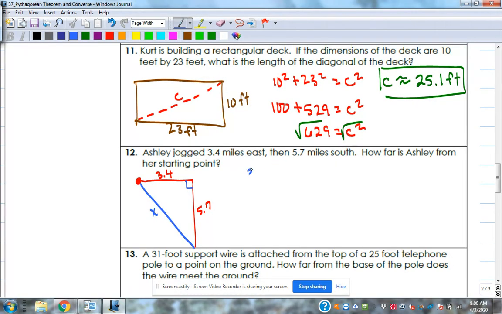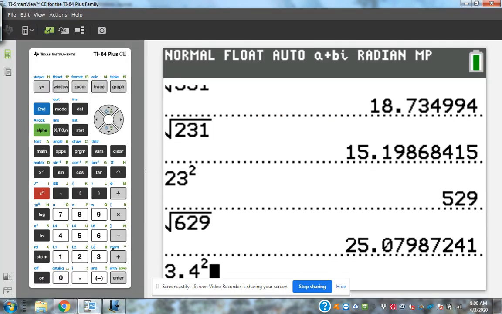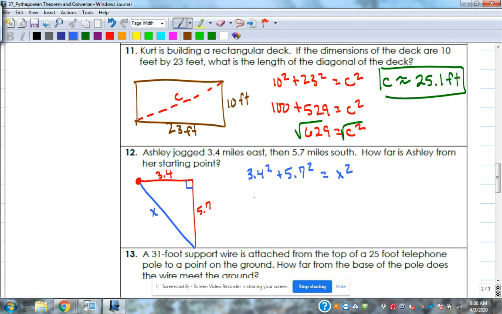So we're going to do 3.4 squared plus 5.7 squared equal to x squared, and work that out. 3.4 squared plus 5.7 squared is going to give us 44.05.